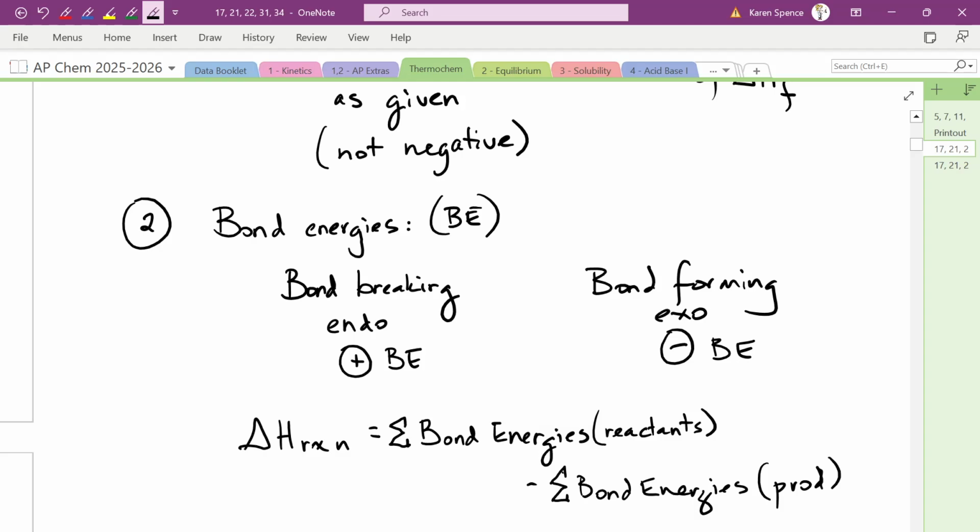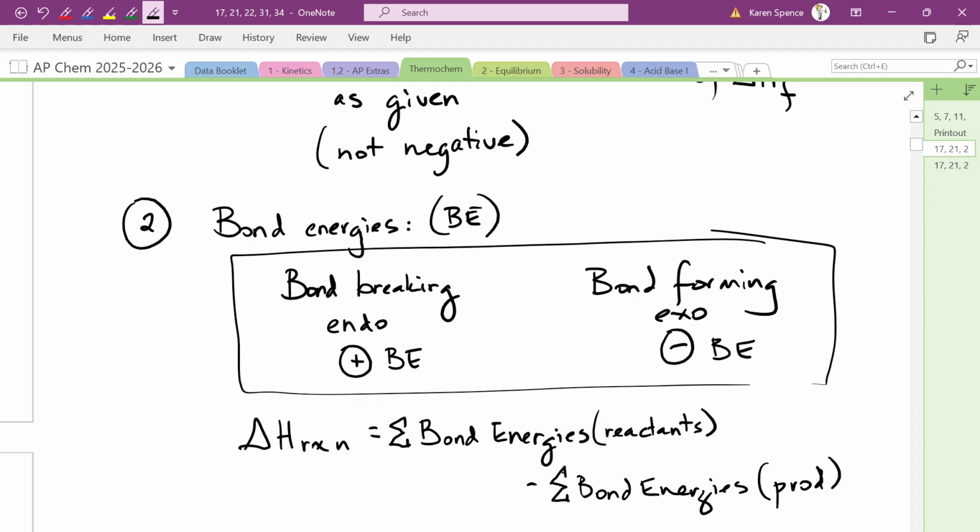So it's reversed. If you understand it, this should help you understand why the reactants need to be positive values when you're talking about bond energy, because you're breaking those bonds. That's endothermic, that's positive. The bond energies of the products have to be negative because they're being formed. That's exothermic.